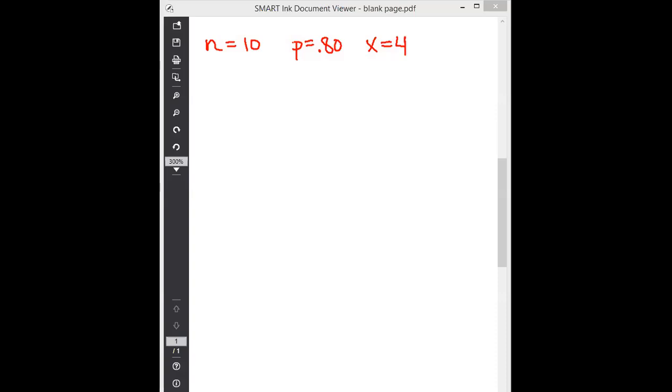Now, in your text on the binomial tables, for example, in the back of the book, they use x for the number of successes. Some texts use a lowercase r, just so you know. So first of all, let's take a look at a point density function, a binomial PDF. Bear with me here.